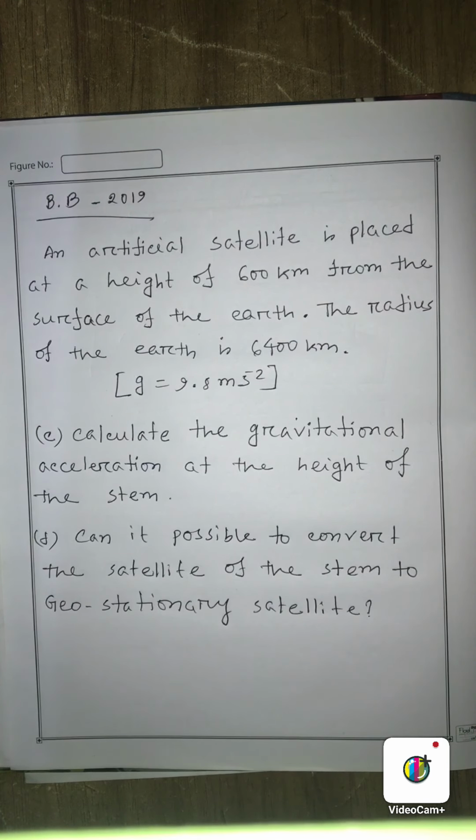If the time period of any satellite is 24 hours, then it is called a geostationary satellite.